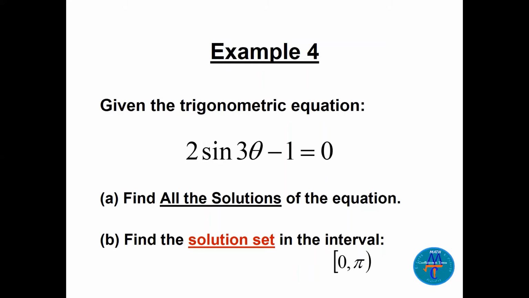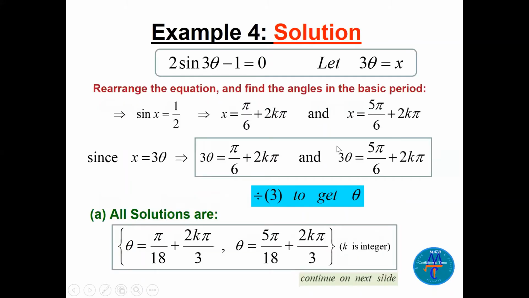Now, anytime you see a double angle or half angle in the equation, you can make it simple and say, let 3 theta, or whatever the expression is, let 3 theta be equal to x. Make it simple. But remember, we need the values of theta, not the values of x. So let 3 theta be equal to x. So the whole equation now becomes sine of x is equal to half, you see?